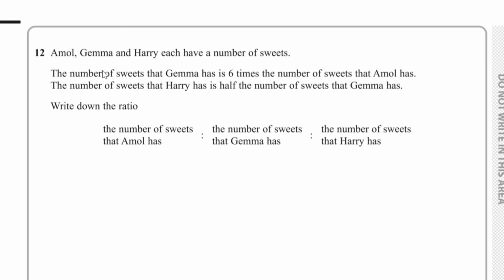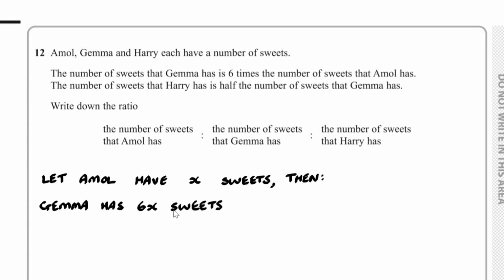Question number 12. Amal, Gemma and Harry each have a number of sweets. The number of sweets that Gemma has is 6 times the number of sweets Amal has. The number of sweets Harry has is half the number of sweets Gemma has. We have to write down the ratio of the number of sweets Amal has to the number of sweets that Gemma has to the number of sweets that Harry has. Well, if we say that Amal has x sweets, then Gemma has 6 times as many, so Gemma has 6x sweets, and Harry has 3x sweets.